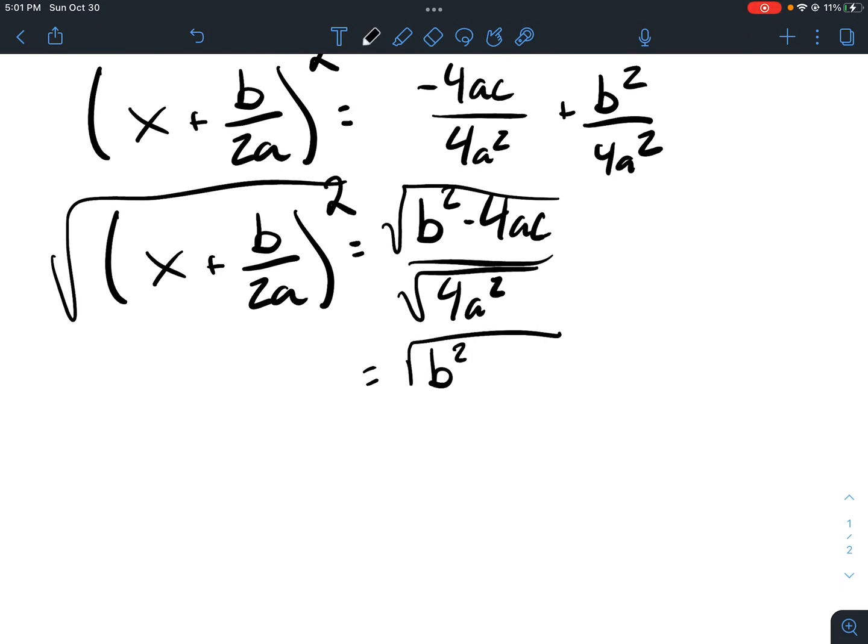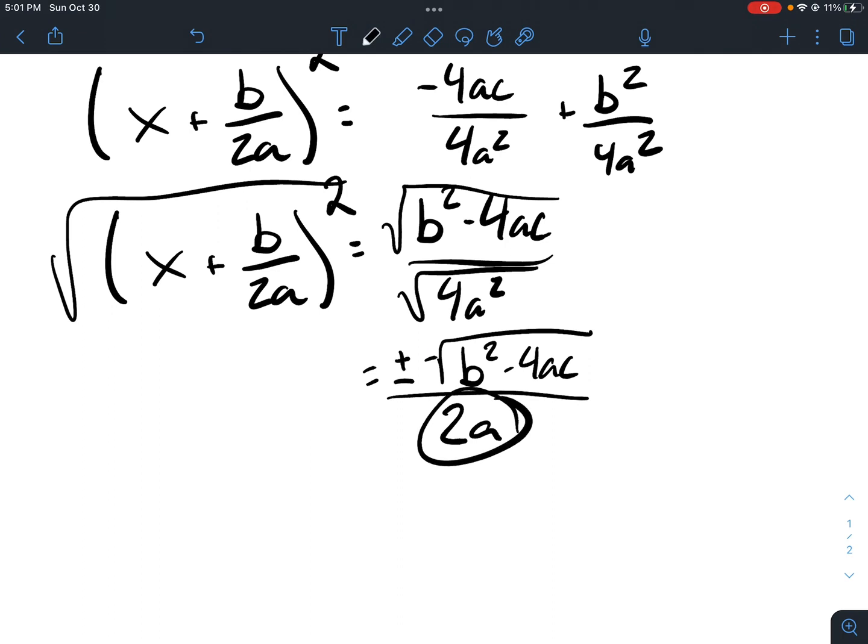So we're going to get the square root of b squared minus 4ac all over the square root of 4a squared, which is going to be 2a. Then since we did take that square root on the bottom, I'm going to leave that plus or minus there. Okay?